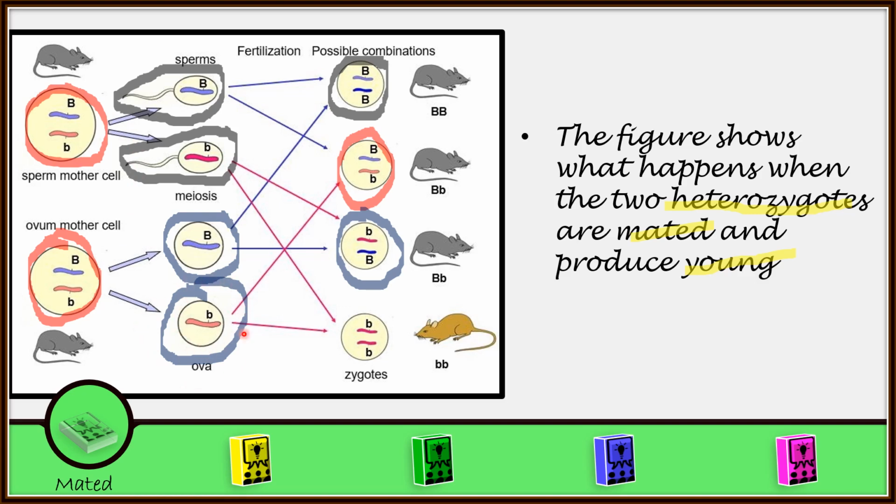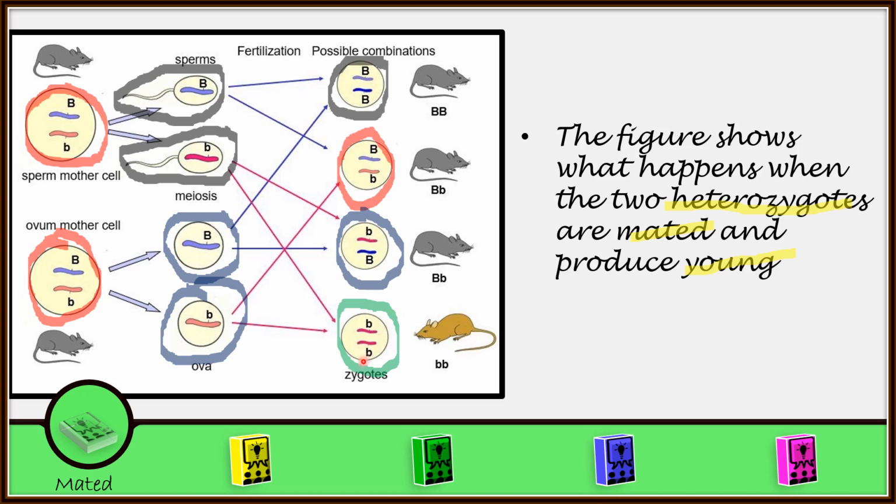When it goes with this ovum here, they are likely to produce this offspring here. This zygote is going to have two alleles, a small b allele and another small b allele. And these are homozygous, meaning that they express themselves in the same way.